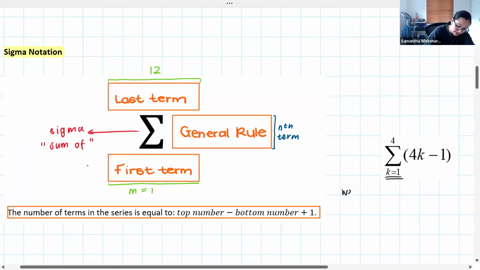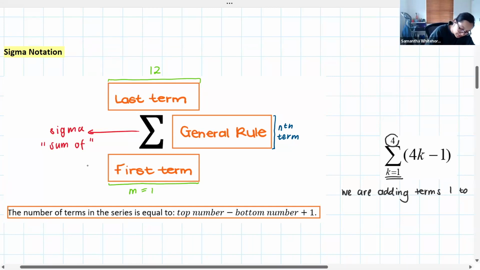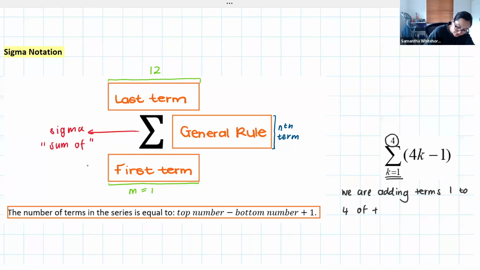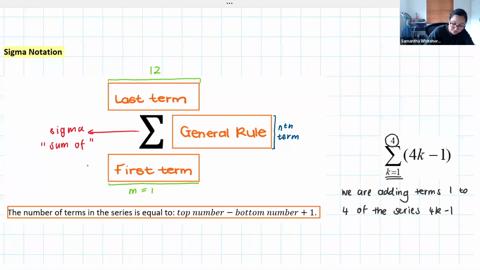So we are adding terms, starting at 1, and ending, we look at the number on top, so terms 1 to 4 of the series 4k minus 1.